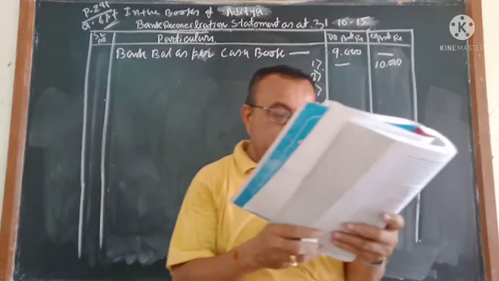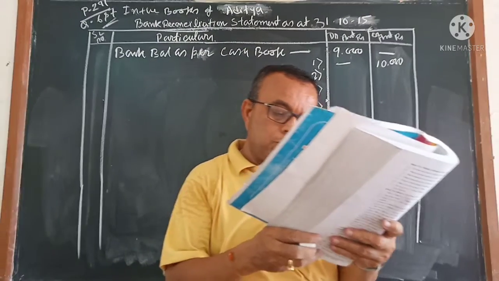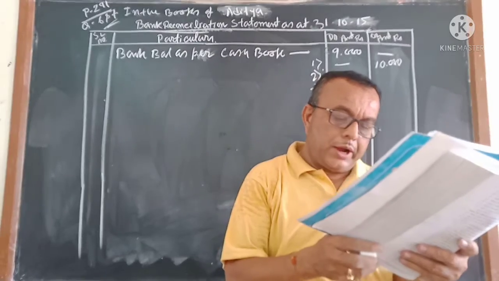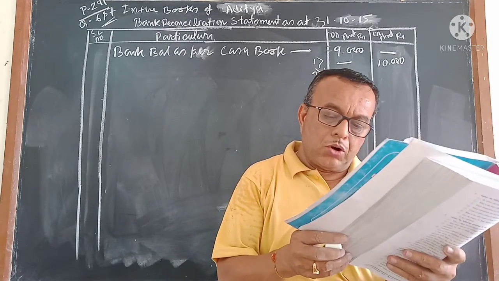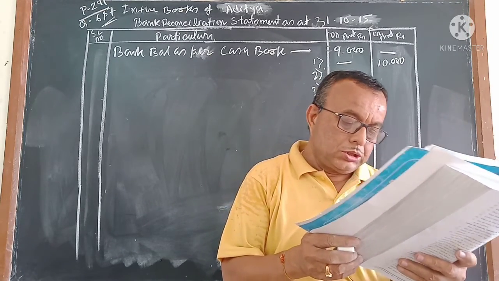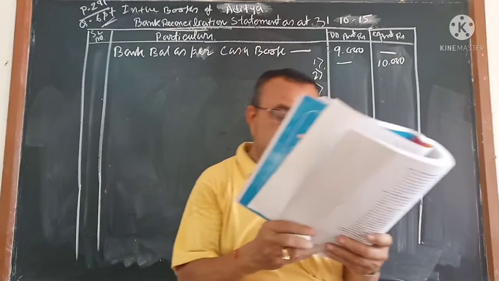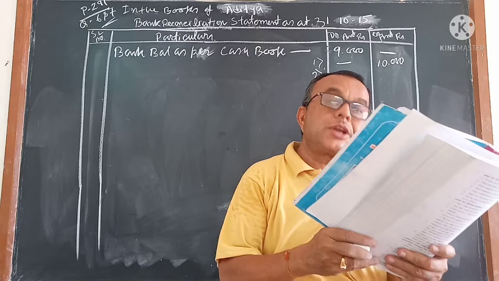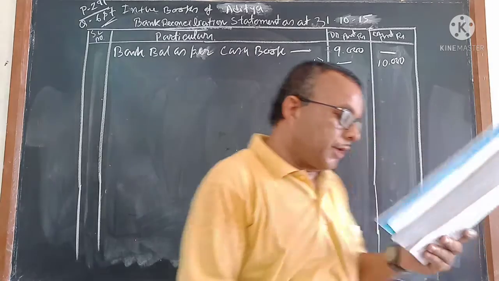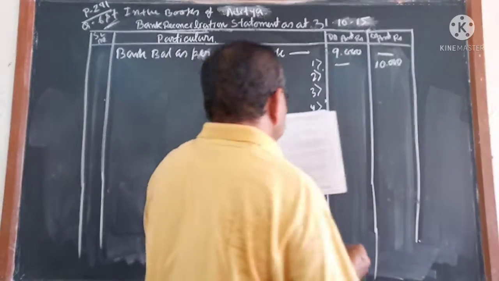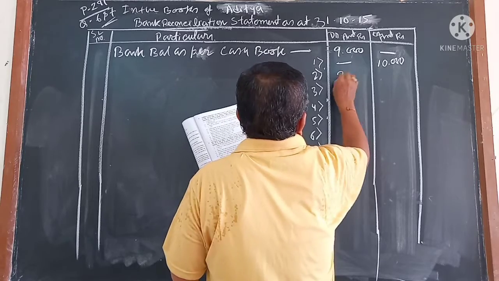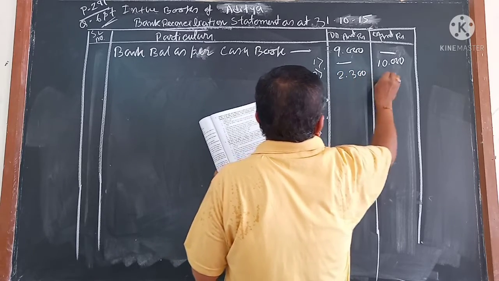Like that. Second one, a check of rupees 2300 was drawn and recorded in the cash book but not yet given to the creditors. देखो चेक drawn किया and it is recorded in the cash book में record हो गया. That means it was credited but not debited. How much? 2,300. We have to debit 2,300.